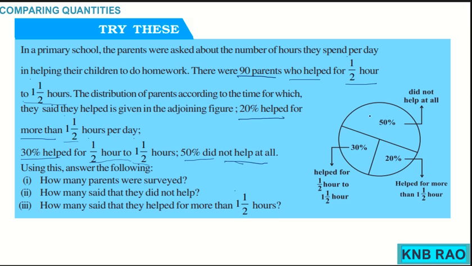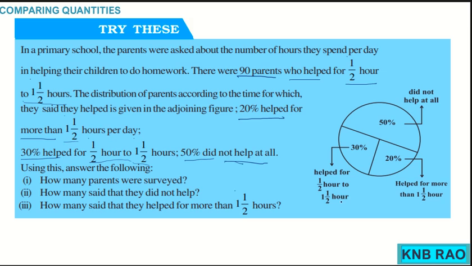So, here in this pie chart, now we are aware 30% indicates the percentage of parents who helped their children in doing homework for half an hour to 1.5 hour.